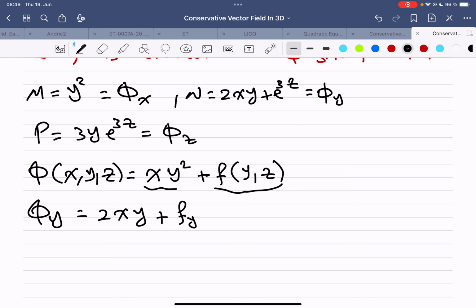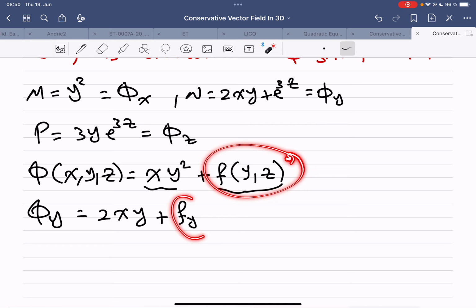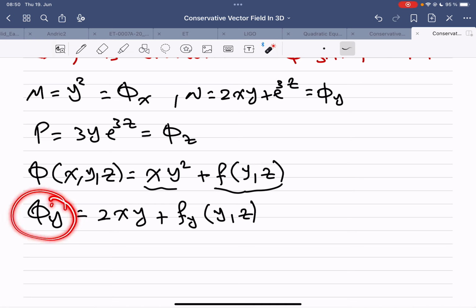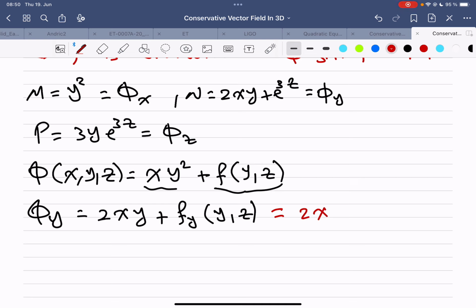Note that this function is a function of two variables, so when you differentiate with respect to y, it will be the partial derivative. So fy(y, z). Phi y must be equal N, so this will be equal to 2xy plus e to the power 3z.